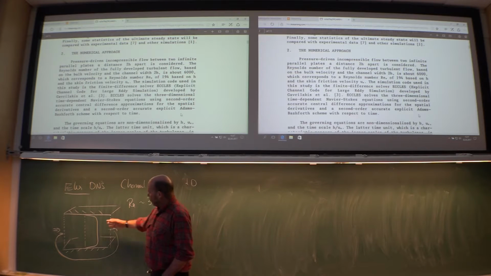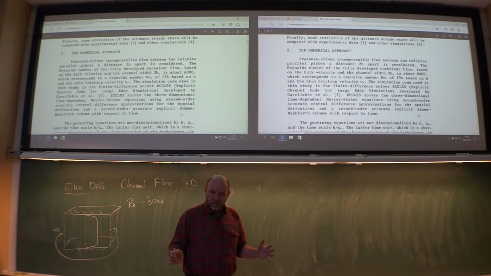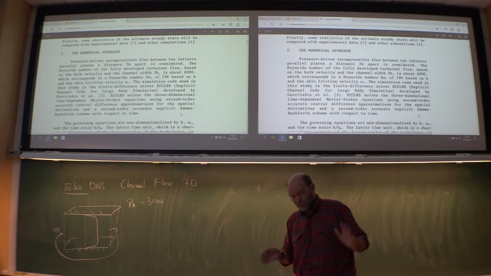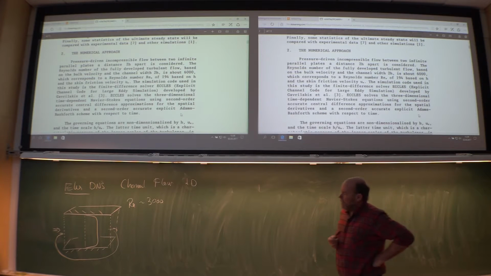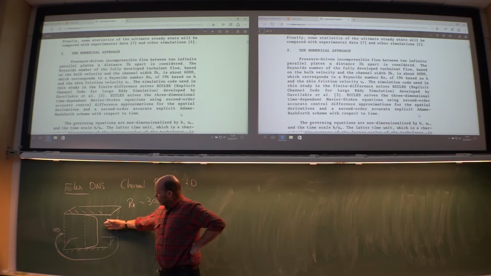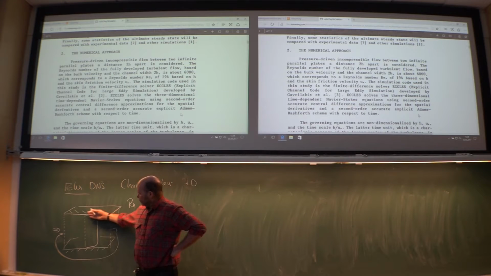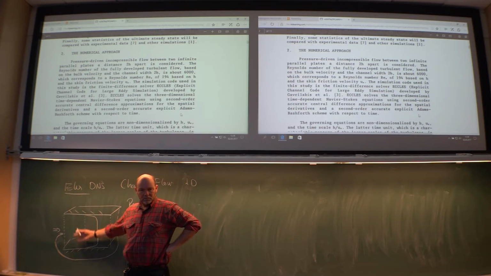Same goes now in the spanwise direction. So you have to choose a width in the spanwise direction, an appropriate width. How big should that be? That's another story, coming back to that. And then you use cyclic boundary conditions here as well, because you can't just keep it open. That's not really physical.